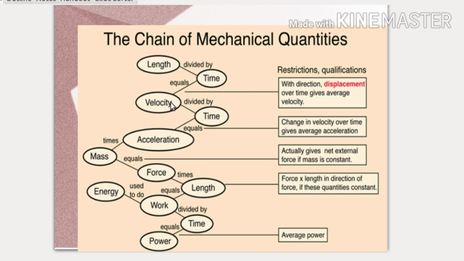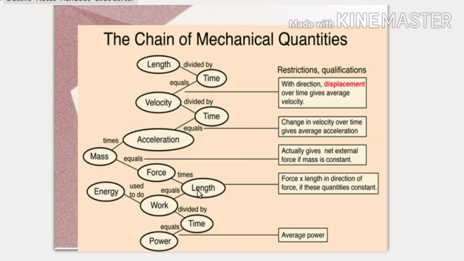I have explained that. When acceleration is multiplied by mass, it becomes force. And when force is multiplied with length, or simply displacement, force into displacement becomes work. And when we have work, it is the same as energy.